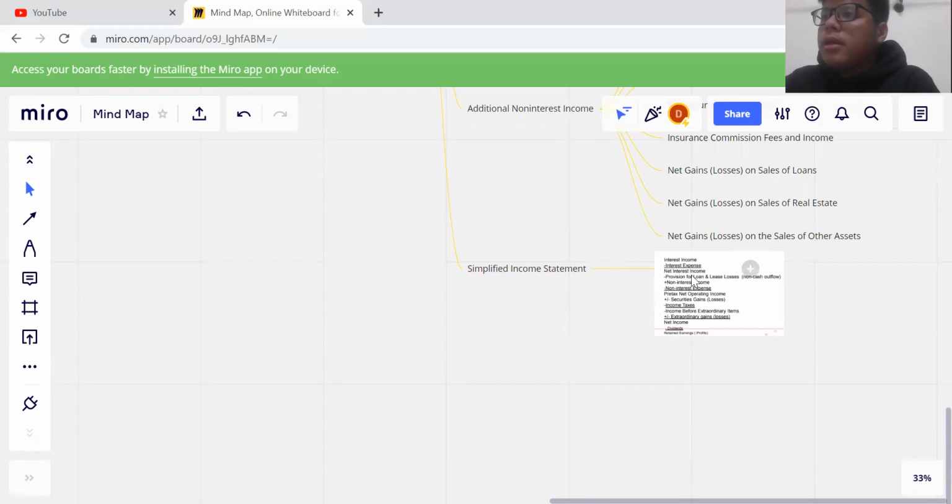And we have the summarized income statement. Here is the picture, and we can have the equation. Interest income minus interest expense equal net interest income.